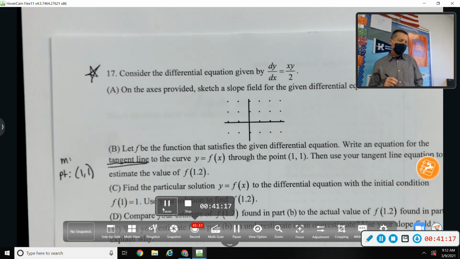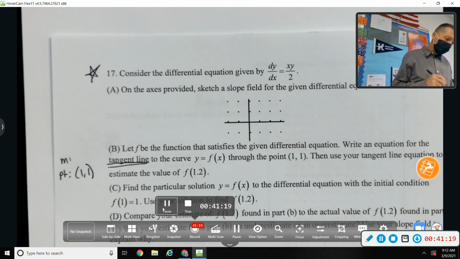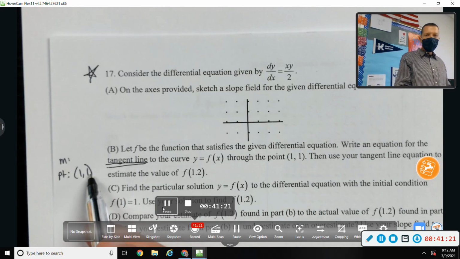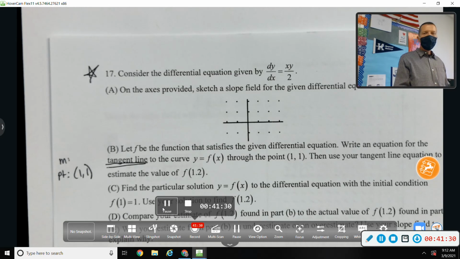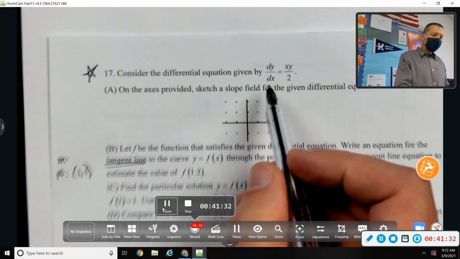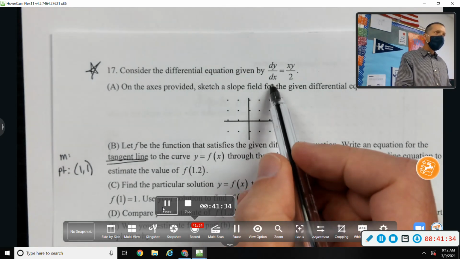Use your tangent line. Okay, let's not do that yet. Let's write an equation of the tangent line. It gave me the point. I want the slope so that I can write a tangent line. How am I going to find the slope at 1, 1? What's dy/dx mean? Slope.